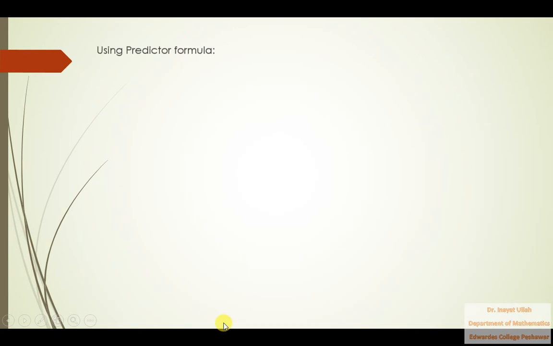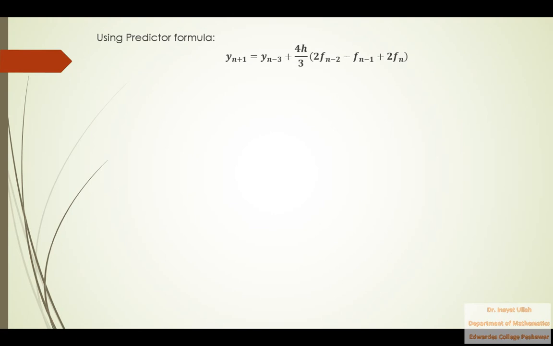Whenever we use the predictor formula, we first need to find y4 here. So what will be the value of n to get y4? That is 3. Whenever we put n equal to 3 here, we will get y4. So put n equal to 3 in this formula.